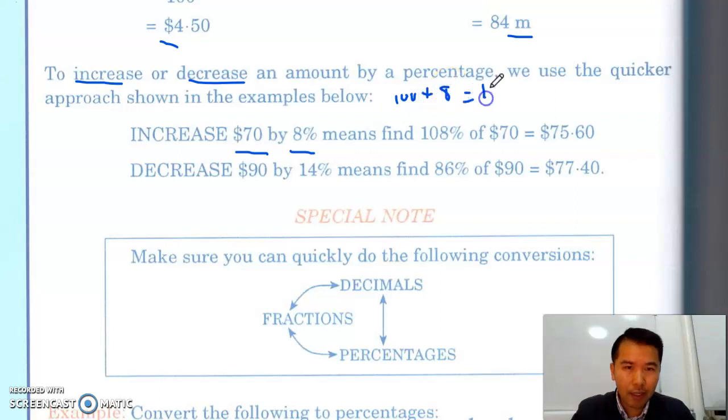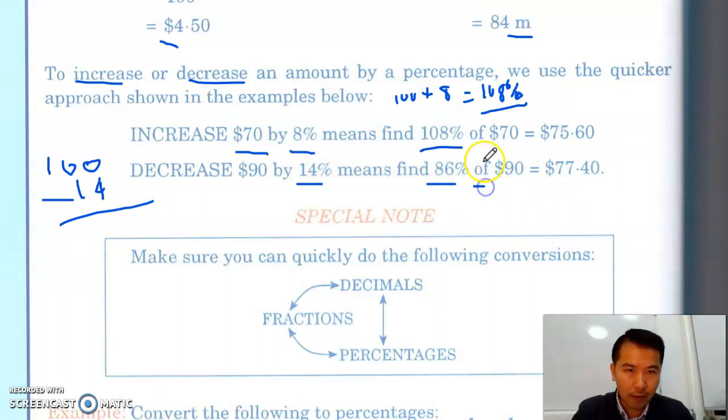That's why you have 108%. That's why 100% here, because you plus this to 100. Decrease means you get 100 minus 14, and that's your remaining percentage. You get 86% left. And "of" means times.